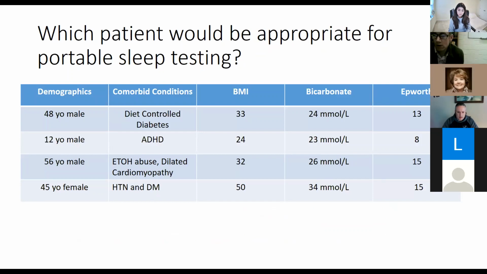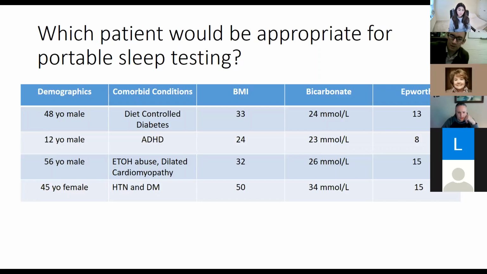Next one is a 12-year-old with ADHD, kind of a normal BMI, normal bicarb, really not that sleepy. 56-year-old with alcohol abuse and dilated cardiomyopathy who is sleepy, and then a 45-year-old female, hypertension and diabetes, and a BMI of 50 and an elevated bicarb, and an Epworth of 15, who's also sleepy.